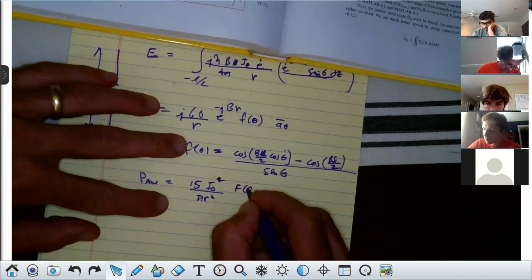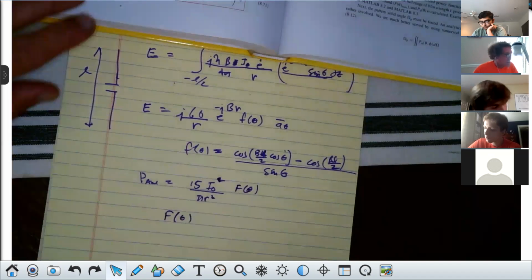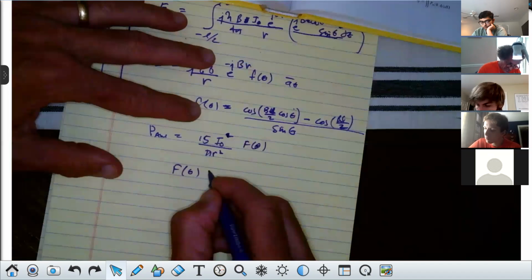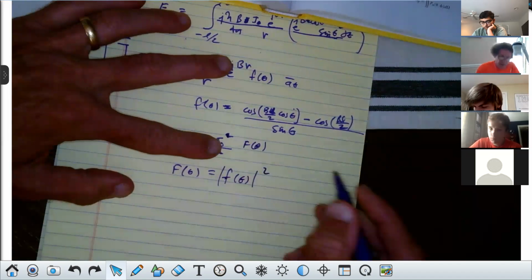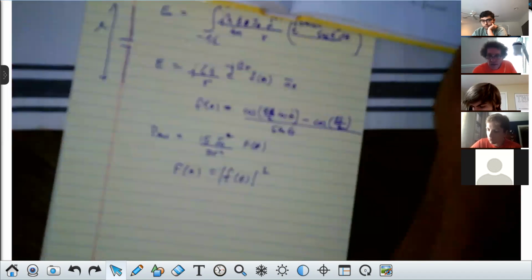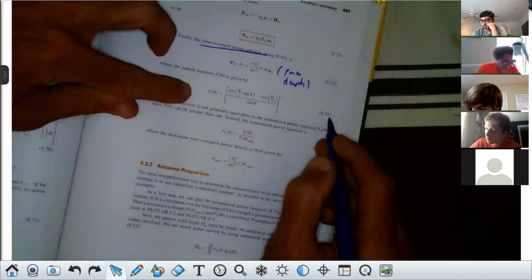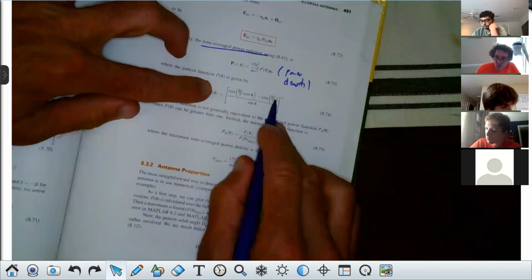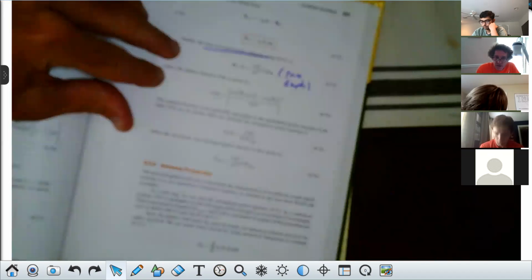Well, his capital F theta here is simply my small f of theta squared. Y'all see that? You have your books, people? If you look in your books, in 8.47, he just takes the actual small f of theta I have and just squares it. Can you all see that?